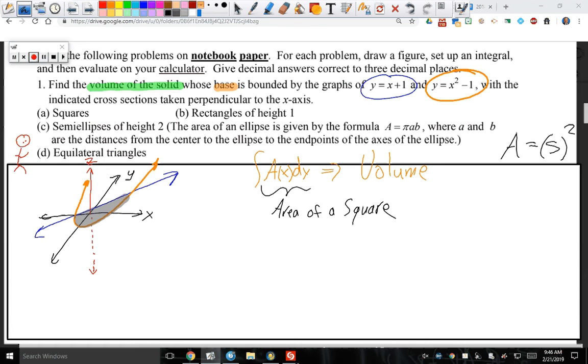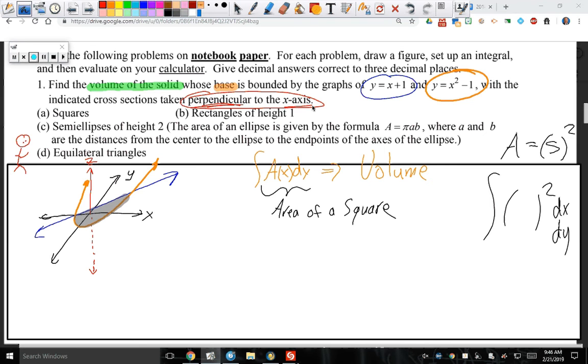You with me? So we're basically going to integrate side squared, and we're either going to do it dx-wise, or dy-wise. Okay? So this is important. This is huge. Perpendicular to the x-axis. That means it forms a 90-degree angle with the x-axis.